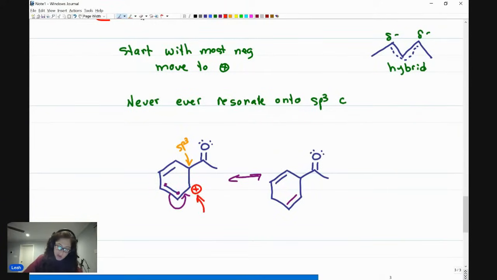If this right here was positive because it was missing a bond, missing an electron, and now there's a bond there, that electron filled the void. It filled that open space, and so it no longer has a charge. That means it lost the positive charge. You can take your time to do a formal charge, or you can use the shortcut of it was positive, it gained a bond, it is no longer positive.